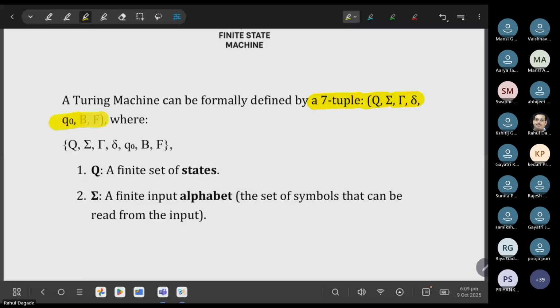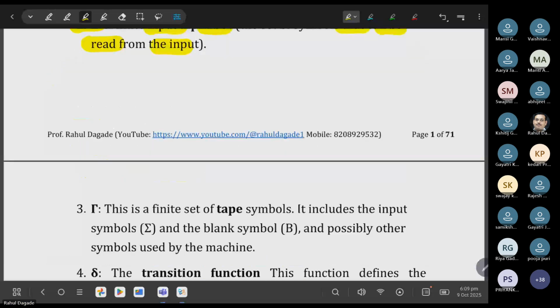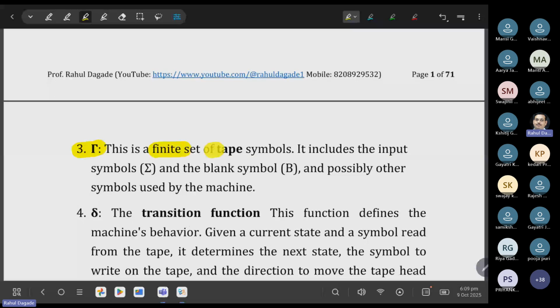You know Q, that is a finite set of states. Sigma is the finite input alphabet, that is the set of symbols that can be read from the input. Then tau is the finite set of tape symbols, that is different symbols available on the tape.